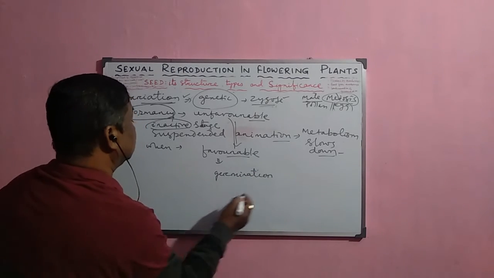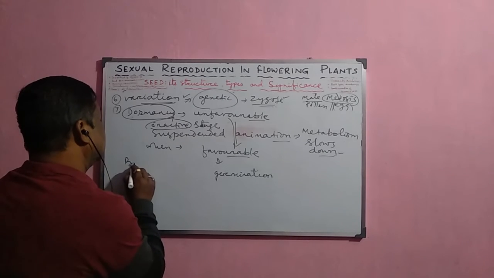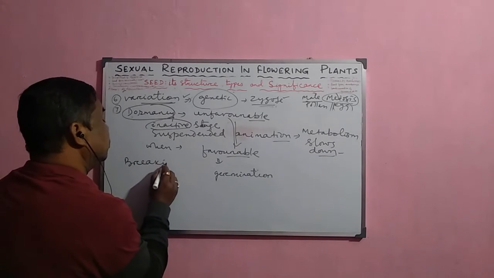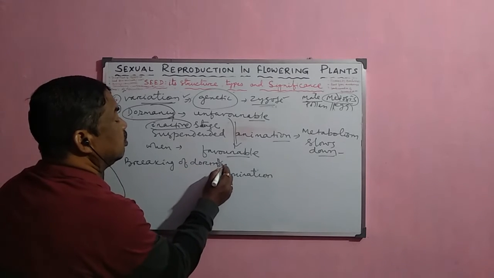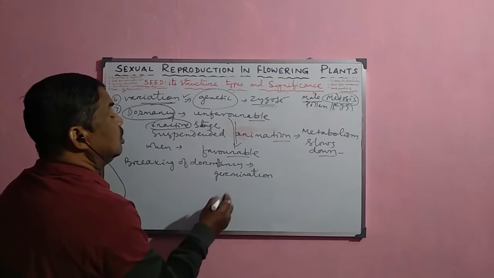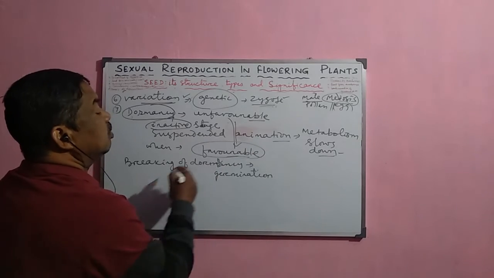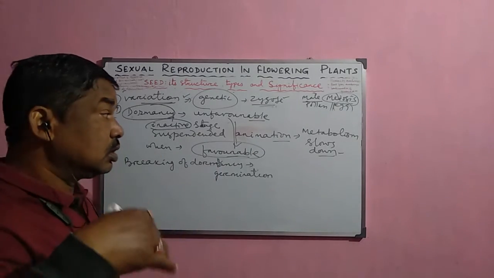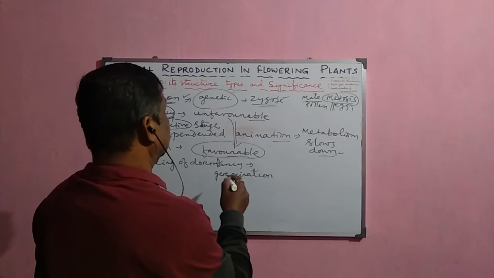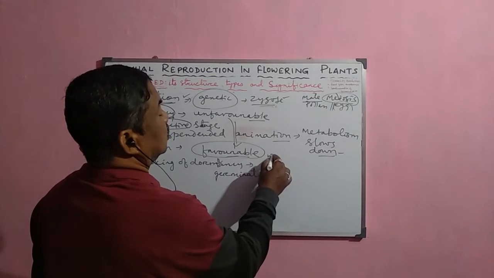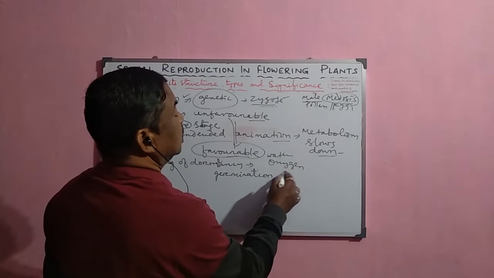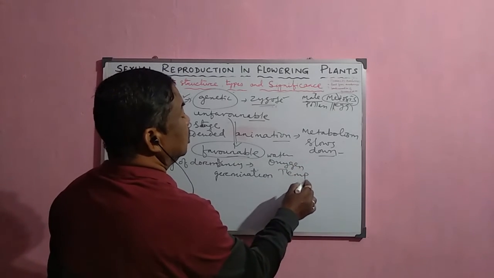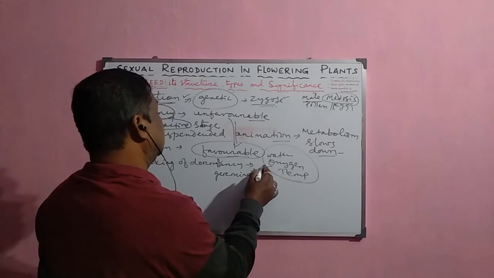After the process of breaking the dormancy, this process is called breaking of dormancy. And this breaking of dormancy is possible only when the conditions required for the germination are available, like water, air or oxygen, and suitable temperature. So these are the important conditions for the germination.